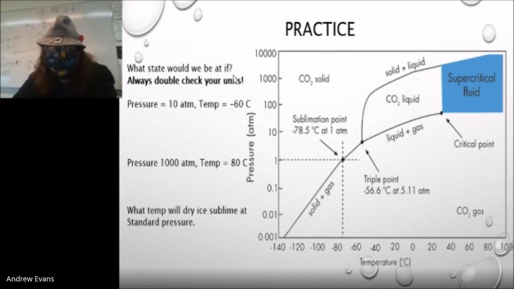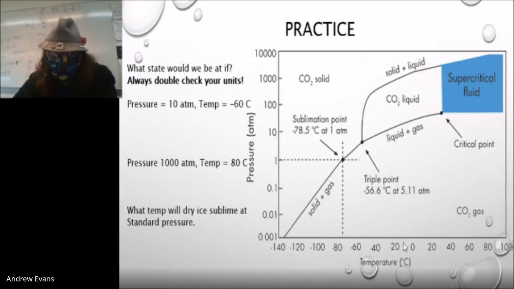The only thing you really need to worry about here is, one, being able to read these things in the first place, and two, double checking your units, because temperature could be given in Celsius or Kelvin, and pressure could be given in atmospheres or bars or torr or whatever. So just double check your units.